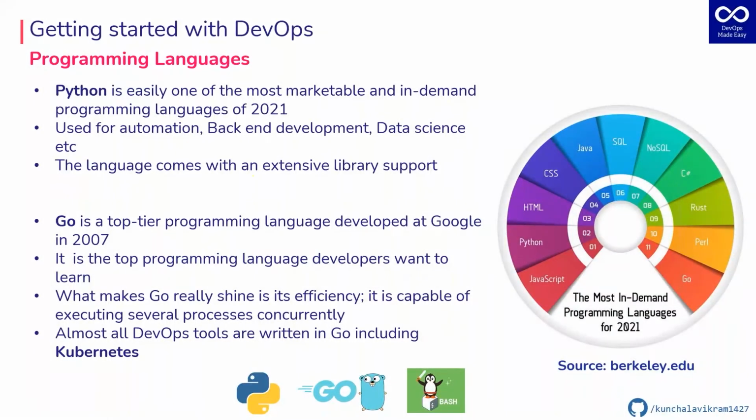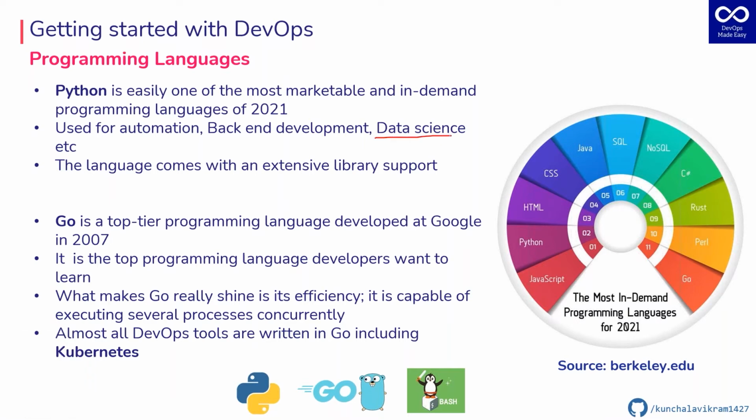Now, what should be the prime choice? Obviously it is Python, because it is one of the in-demand languages of this 2021. It is used for automation and back-end development. You can even have front-end applications written in Python, called Flask-based applications or Django-based applications.